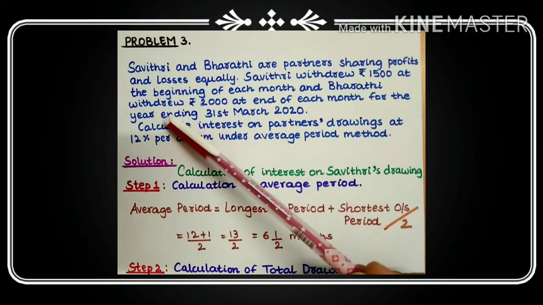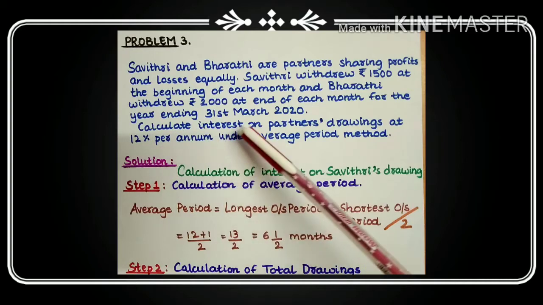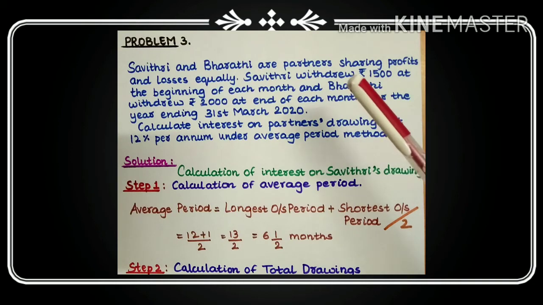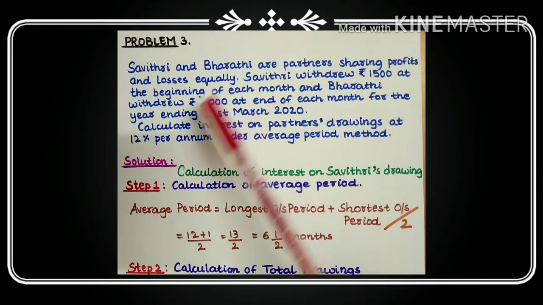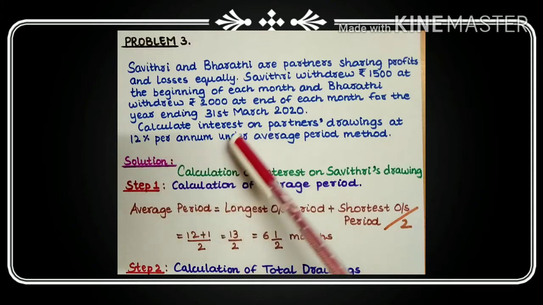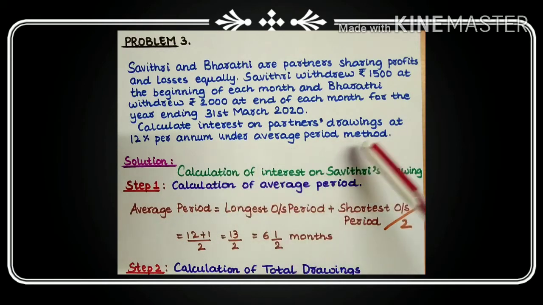And Bharati withdrew 2000 at the end of each month for the year ending 31st March 2020. Savitri is taking 1500 for 12 months, beginning January 1st, February 1st, like that. Likewise, Bharati is withdrawing 2000 at the end of every month, January 30th, likewise. So we have to calculate interest on partners' drawings at 12% per annum under average period method.